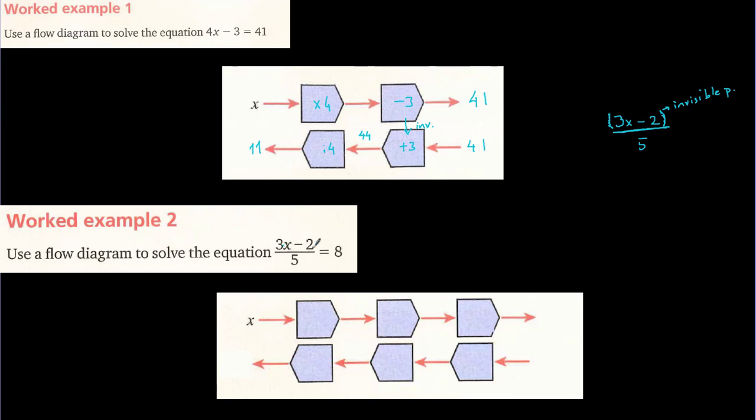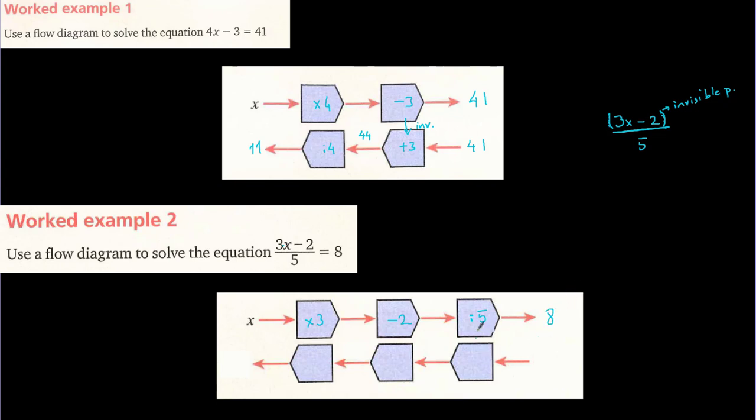So we know that there is a parenthesis. So firstly parentheses, then division. Firstly, inside the parentheses I have to multiply. Times 3 is coming first. Then I'm going to subtract 2. Then I'm going to go all over 5. And the result becomes 8.